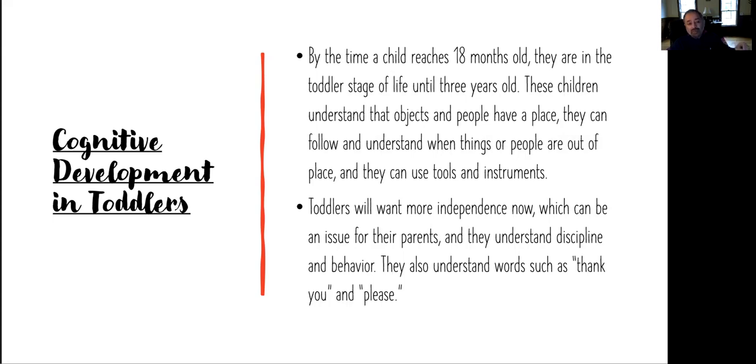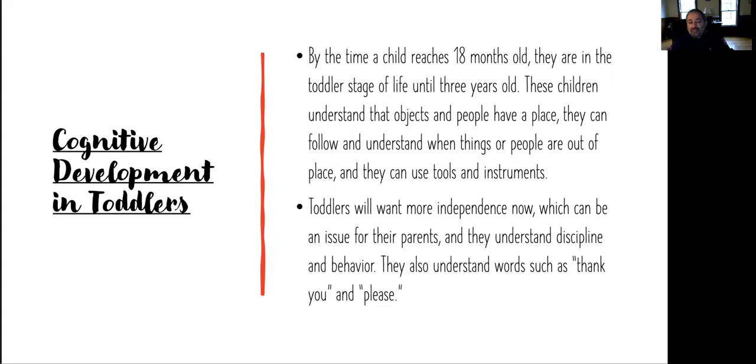Toddlers will want more independence now, which can be an issue for parents, and they understand discipline and behavior. They also understand words such as thank you and please. So imagine that from that age, and it's important to note, they do understand to say thank you, to say please, and they know what it means.